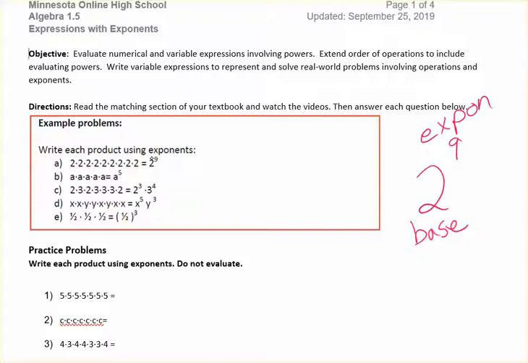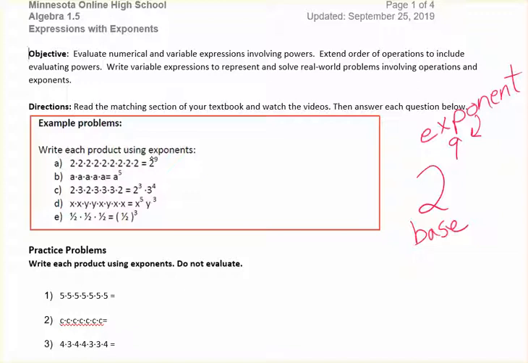Altogether, 2 to the 9th power is called a power. But we usually call this the exponent, but sometimes it's called a power, and then the 2 is the base. So the 2 again is the number that will be repeatedly multiplied. The exponent tells us how many times you will be multiplying it.